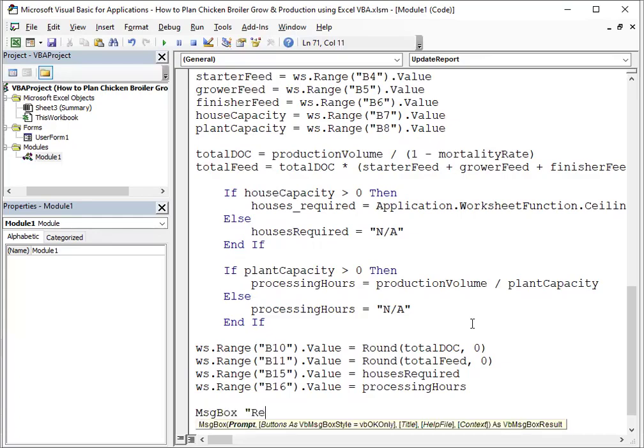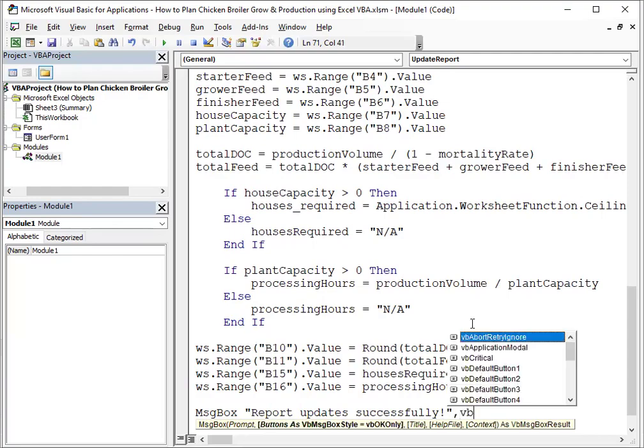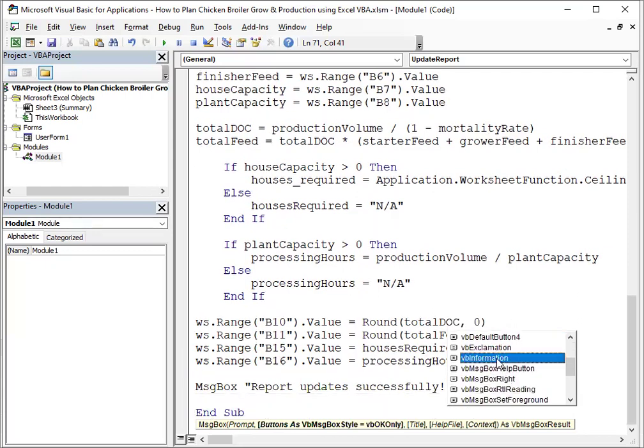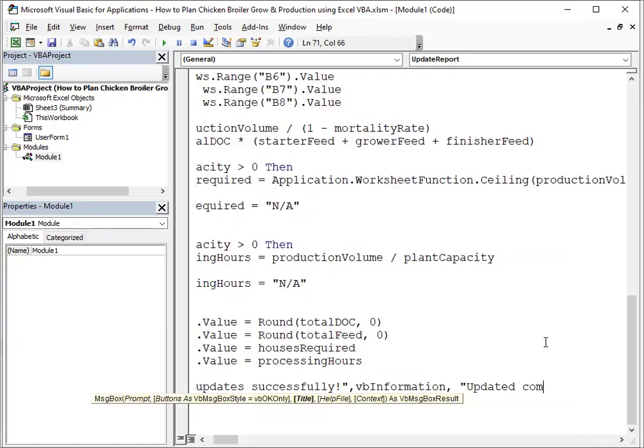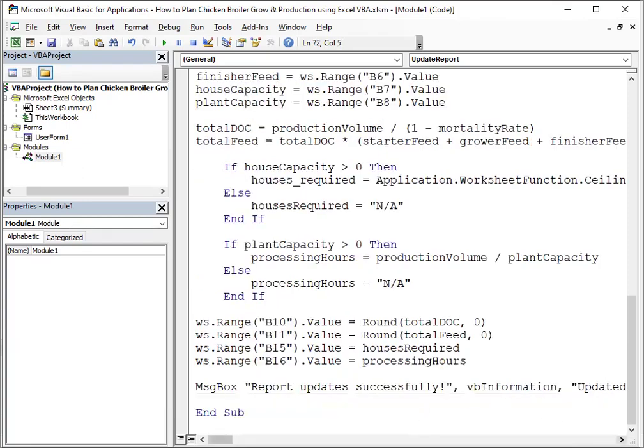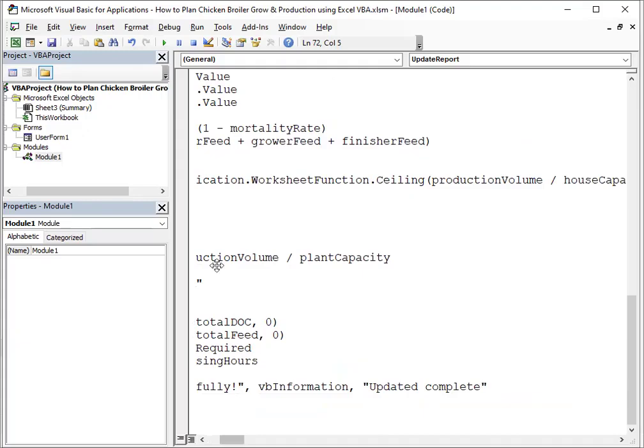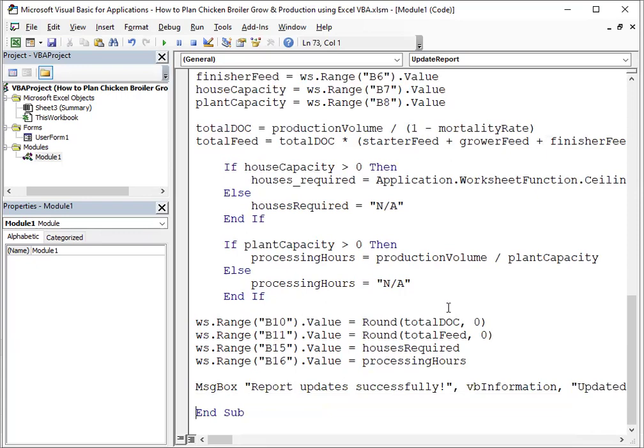So our message would be "Report updated successfully", then vbInformation, comma, "Update Complete" in quotation marks. Then End Sub.